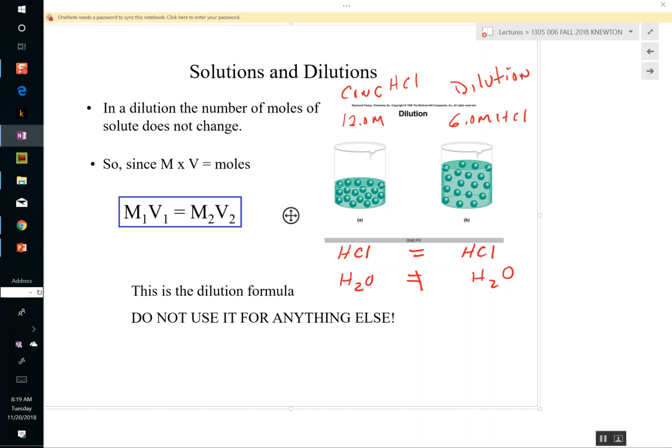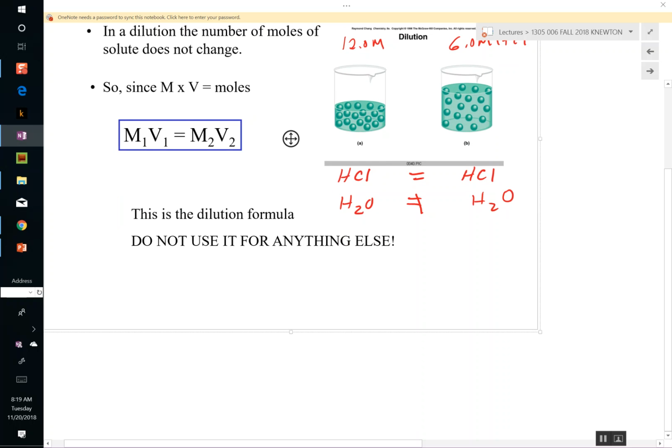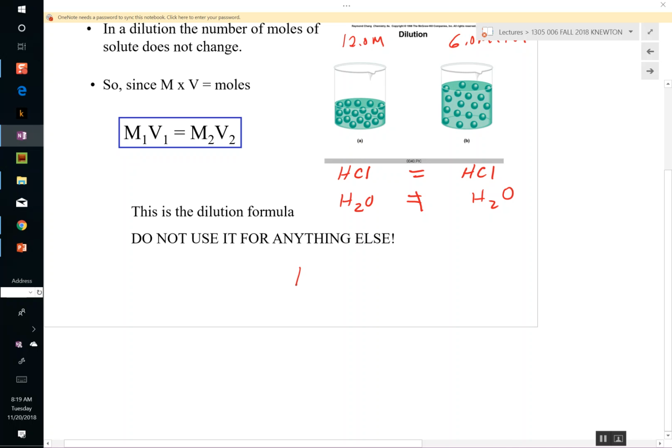All right, so this comes up with an equation here. If I'm saying the amount of HCl in there, well, how much HCl do I have in there? Well, I've got a certain molarity. That's a certain number of moles per liter. That's what molarity is.